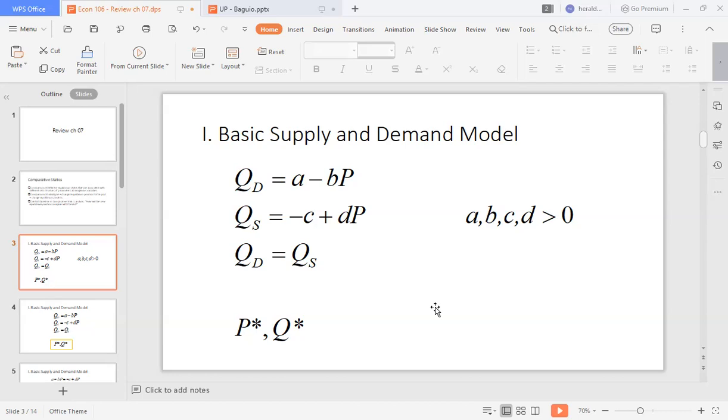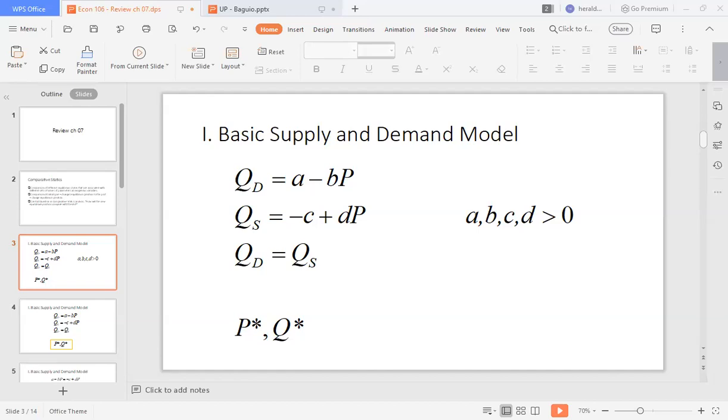So when we have A there, it means simply that that is the level of consumption that consumers would buy if the price is equal to 0. And we have our negative B, which is again our slope. That means that for every 1 unit increase in P, Q falls by B units.